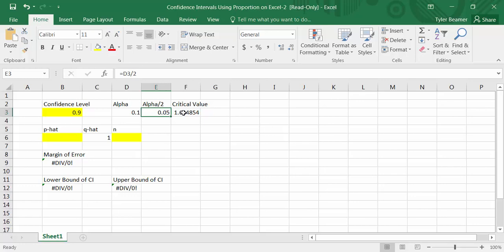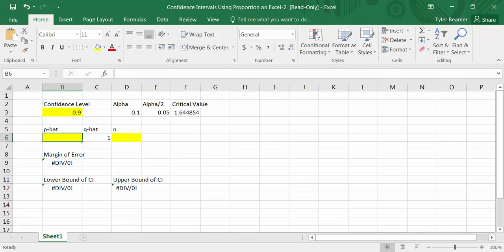And then that is used to find the critical value, and the critical value is the z-score on the standard normal table that you would use for that area to the right of that value. Okay. So in this case, that would be the 95th percentile.